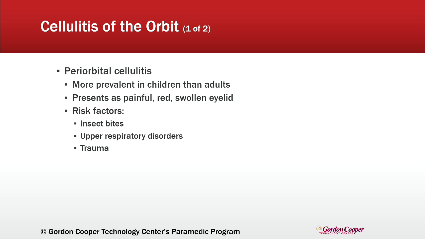Symptoms would include a painful red or swollen eyelid, maybe fever, and redness in the white part of the eye. There can be some predisposing risk factors associated with it, such as insect bites near or around the eye, maybe upper respiratory infections, and even trauma to the eye area.